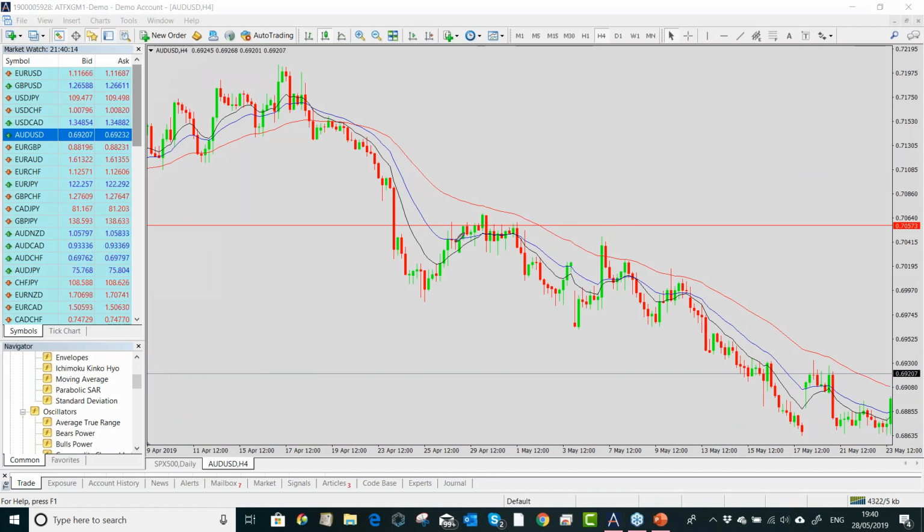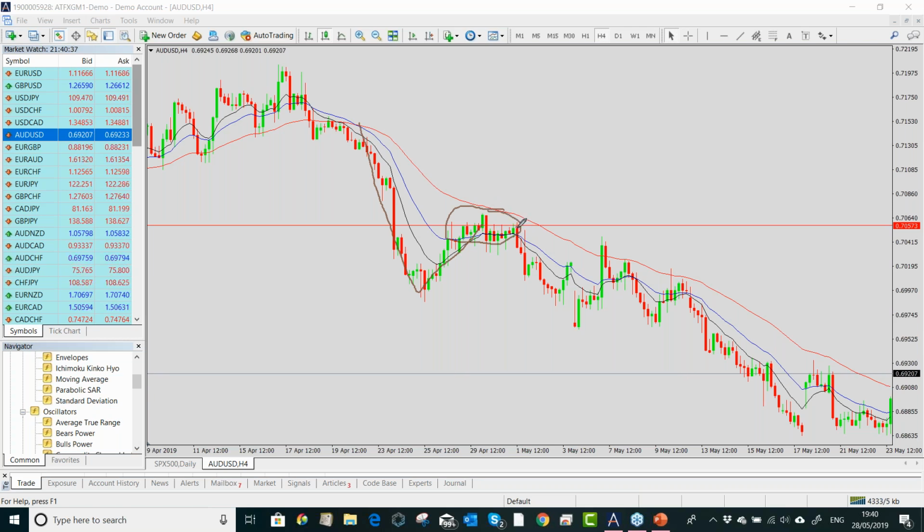Now, can you make money if you buy this market? Yes, you can. I'm not saying that it's impossible, but if we're looking at selling this market, we certainly get the longer moves. So once we've had price break through this horizontal level and retrace and retest, then we're looking for an area to sell around here.